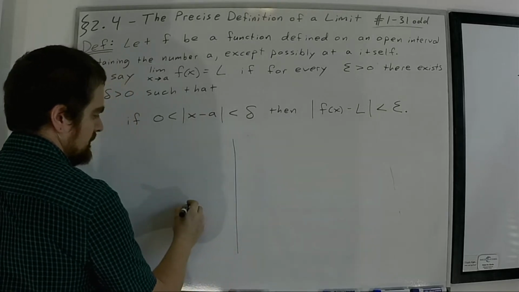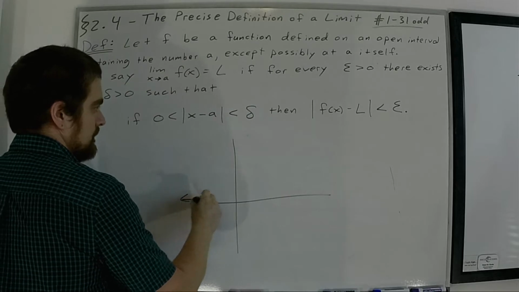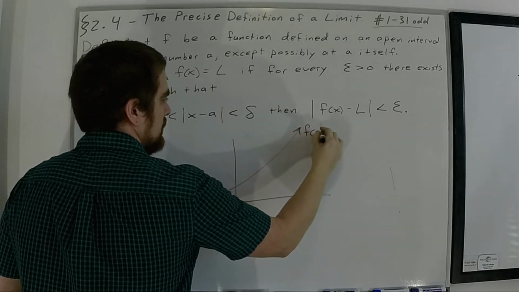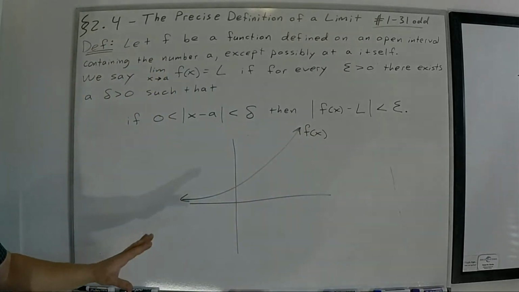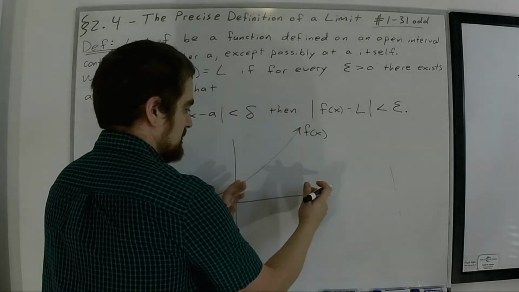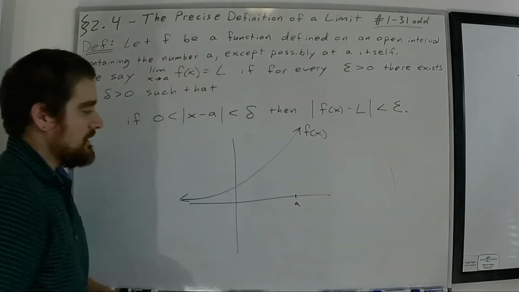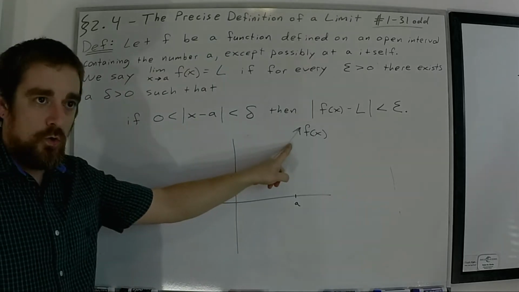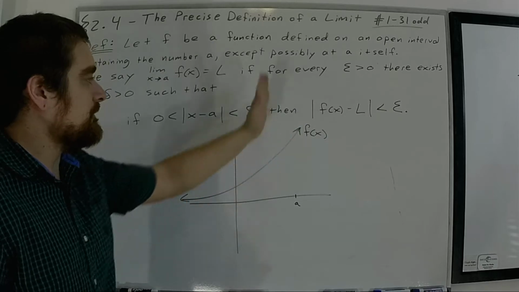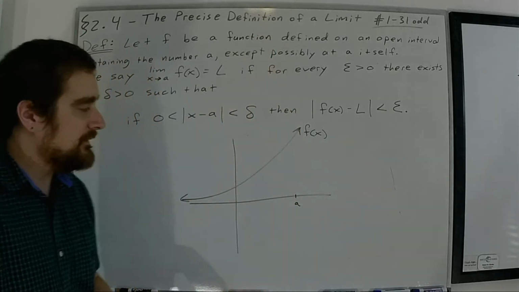We kind of understand what limits look like. Let me draw you a picture here, and we'll call this our function f of x. Let's say that this function f of x is defined on some open interval containing a. Again, it might have a hole in the graph, but we could still talk about a limit as x goes to a, or it might have a vertical asymptote there, but we could still talk about a limit as x goes to a.